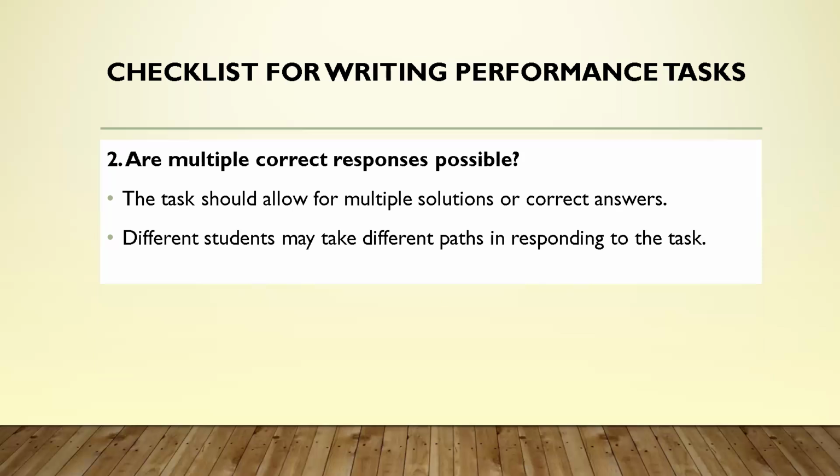The second item on our checklist: are multiple correct responses possible? The task should allow for multiple solutions or correct answers. Different students may take different paths in responding to the task. For example, some students may demonstrate their understanding through a song, some through a poem, and some through infographics.